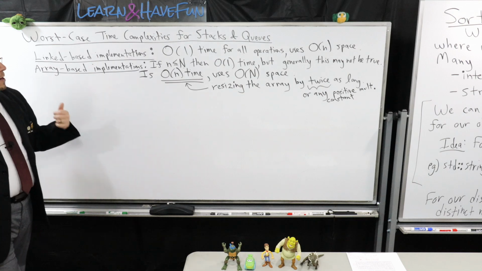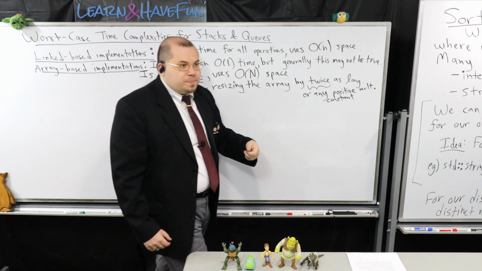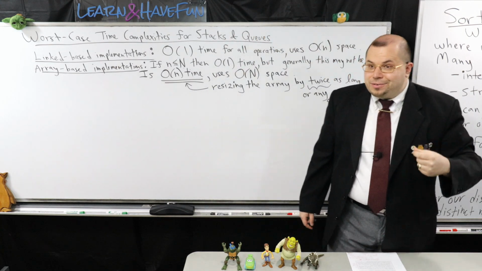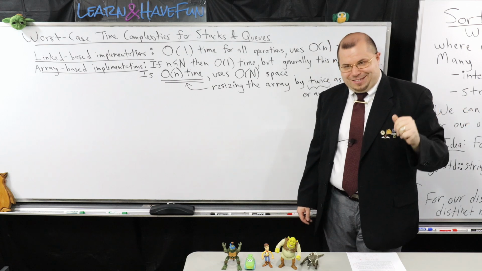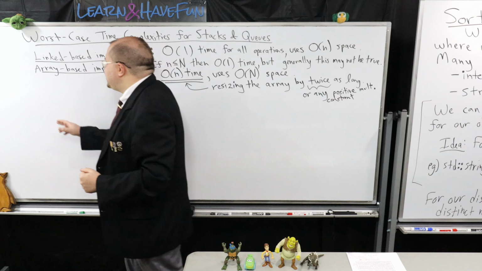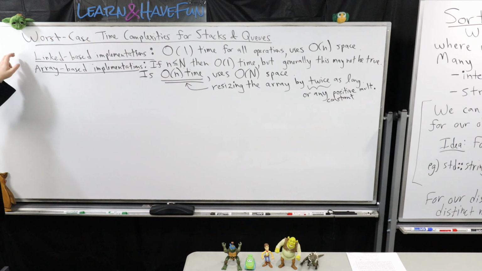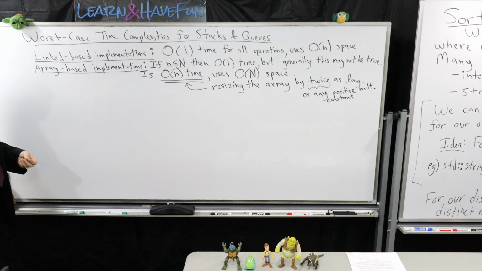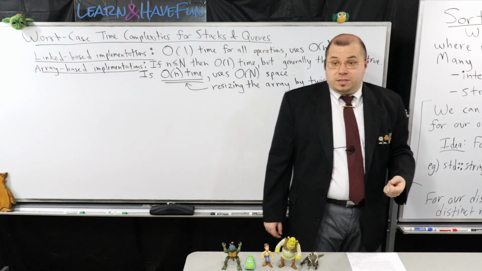If you're thinking about these implementations, in particular the circular array queue, the linked queue, and the circular linked queue, all of these have wonderful time complexities with a couple of wrinkles. So I wanted to highlight this. First, if I consider all of the linked list-based versions of these stacks and queues, all of them take big O of 1, so they take constant time in the worst case.